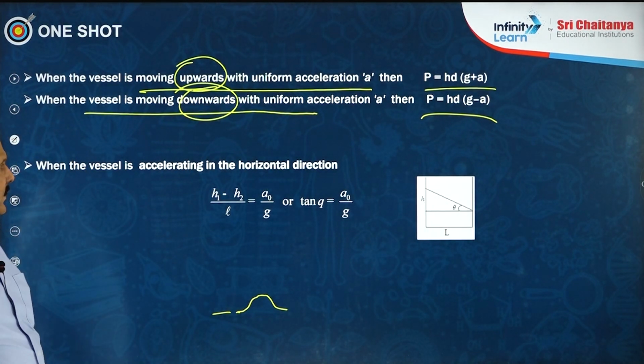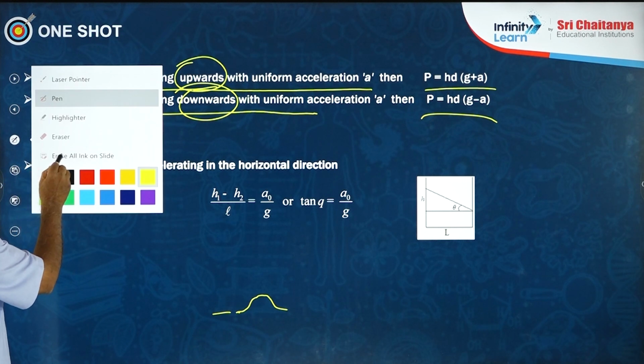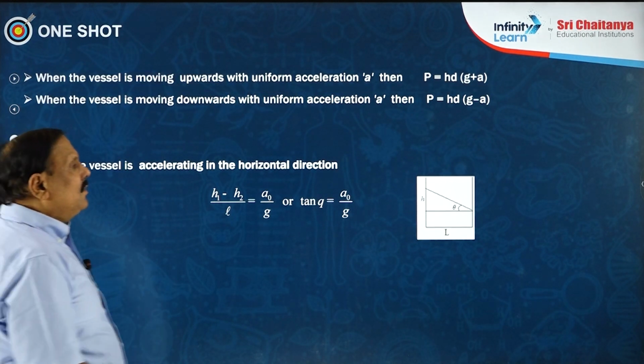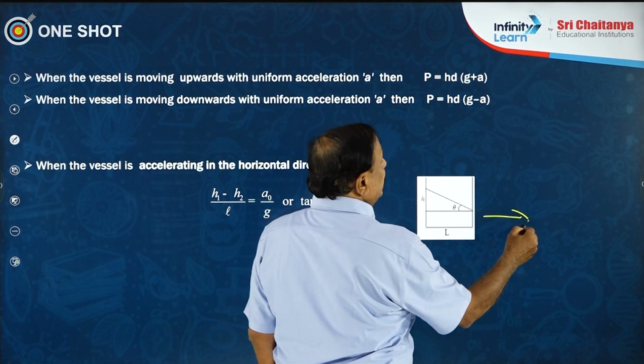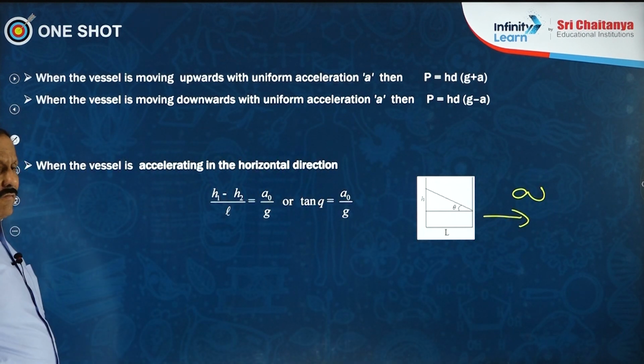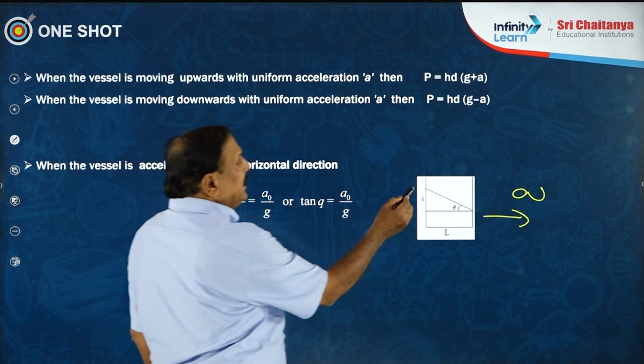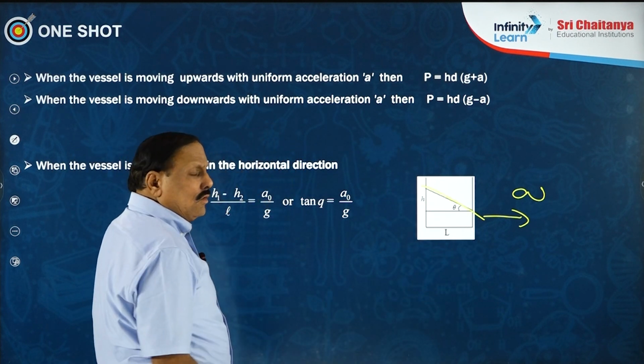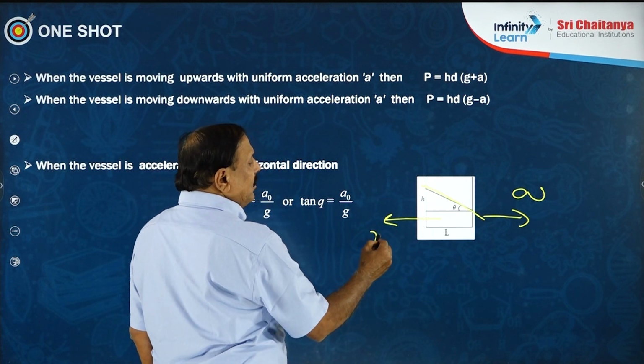Instead, if the beaker containing the liquid is moving horizontally with some uniform acceleration a, then the surface of the liquid becomes inclined like this, because of the pseudo force m a acting on the liquid.